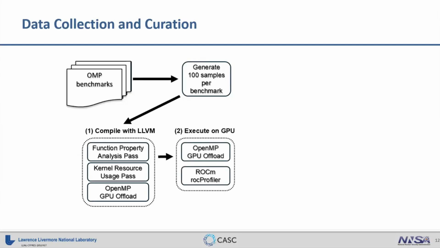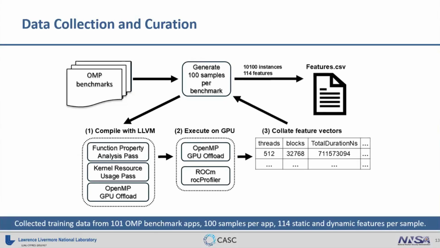From the execution outputs, we parsed dynamic information such as teams and trip count from the OMP runtime, as well as execution time and kernel calls output by the Rocprof tool. So our data collection generated 10,100 instances with 114 total features that we then curated into feature vectors and then correlated into a CSV file for machine learning pre-processing.